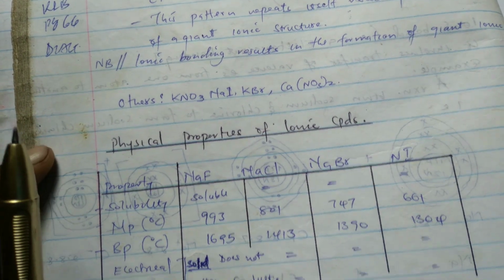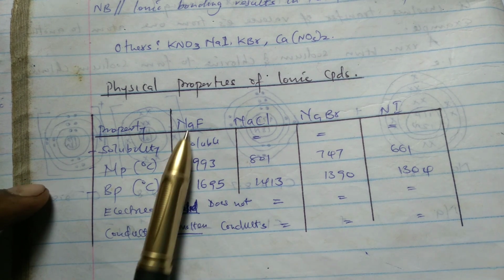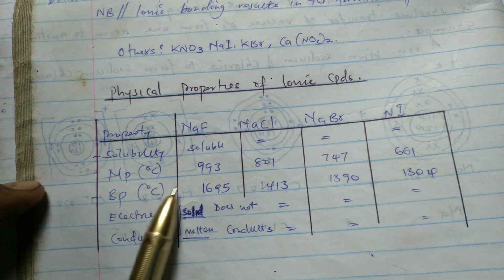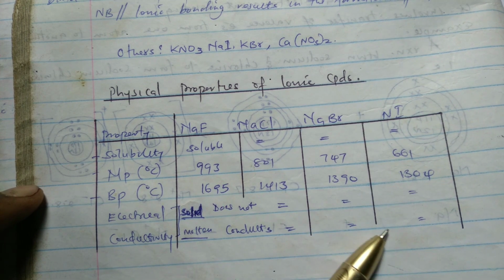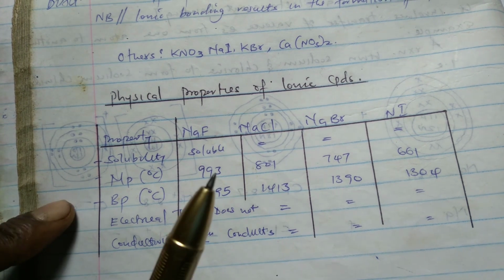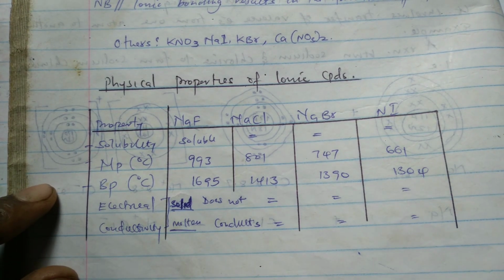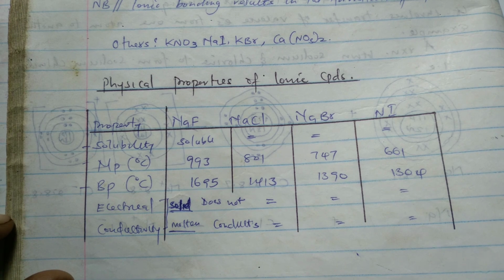The table below shows a summary of the physical properties of ionic compounds, and these are some of them. I'll not go much into detail concerning that. If you have any question concerning this, please leave it in the description below, and I'll try to answer as many questions as possible.